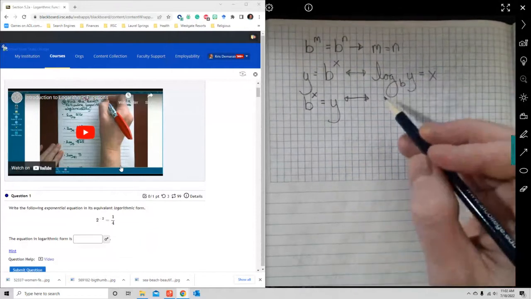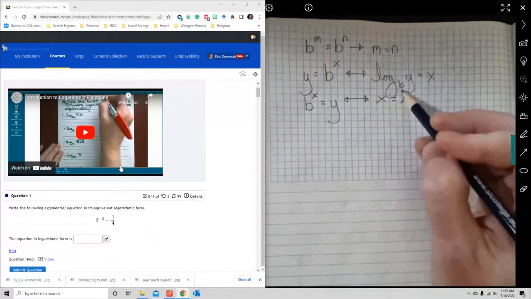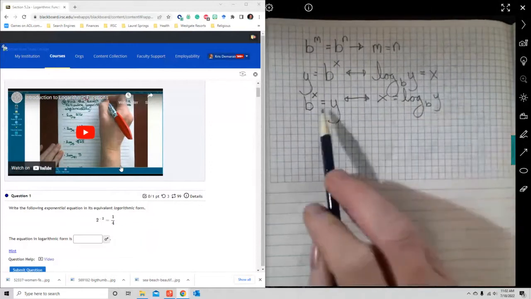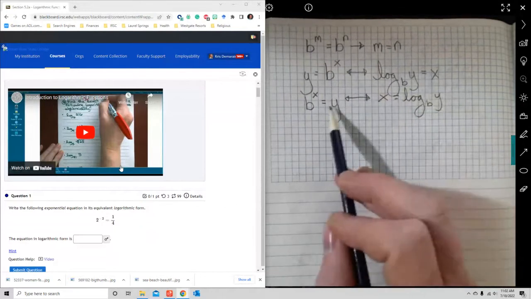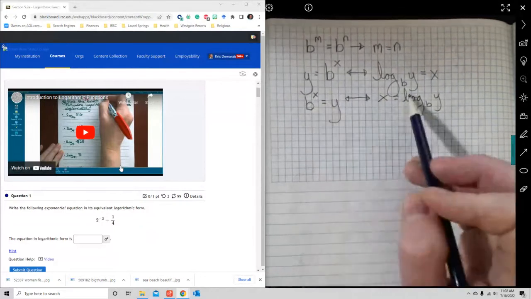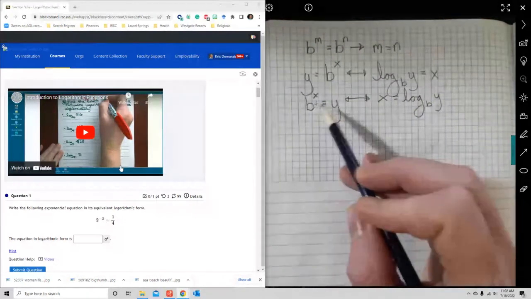But the thing is, we can rewrite it with x equals log base b of y. So these are the same exact things, except the reason I like this way is because you go from here to here, you drop the x down, and I think about it as an elevator.